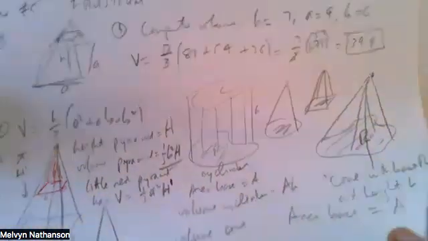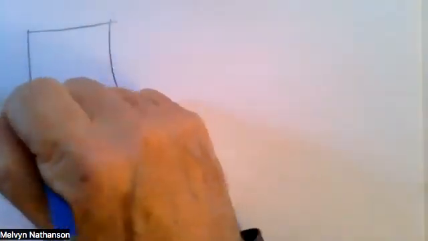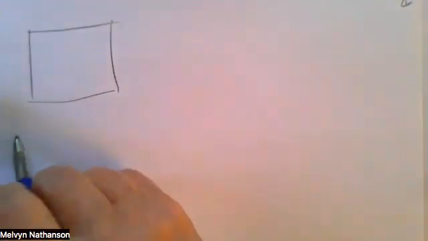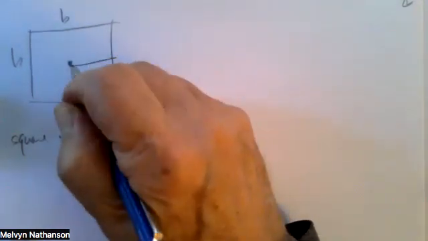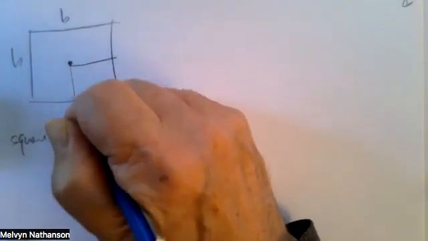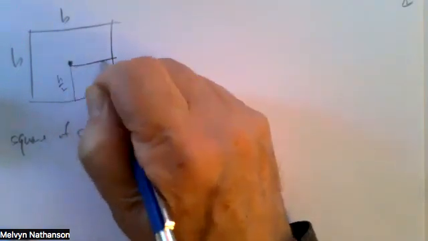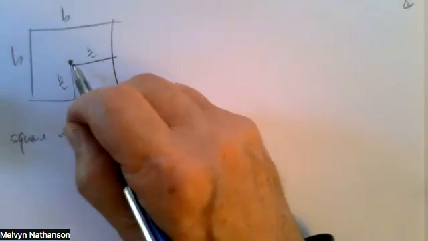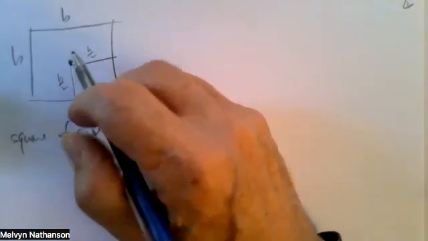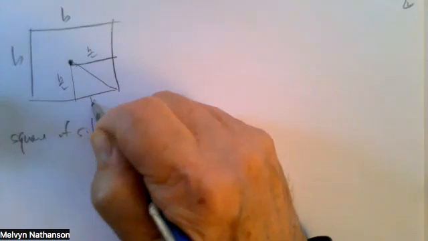Let me use another piece of paper. Suppose you have a square of side B. So here's the center, which means the distance from here to here is B over 2. The distance from here to here is also B over 2, right? This is the midpoint of the side, and what is the distance from the center to the corner?